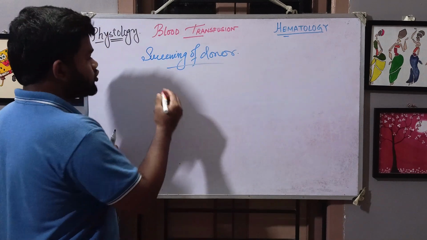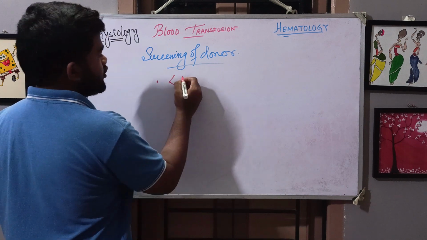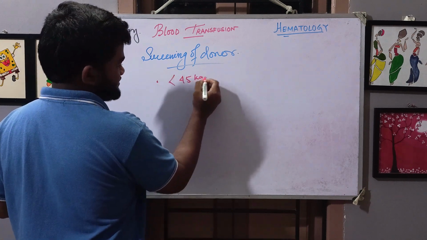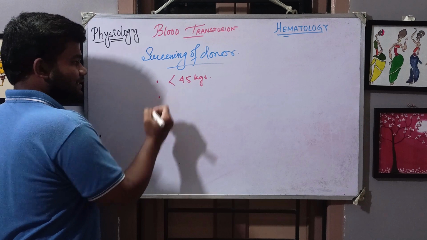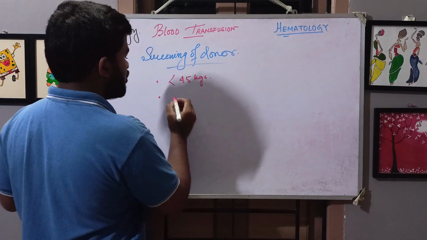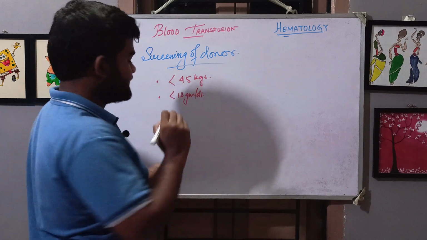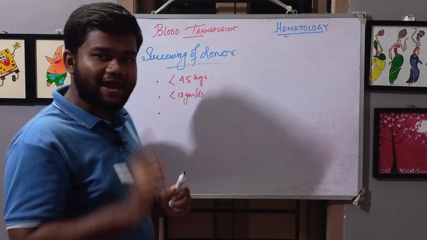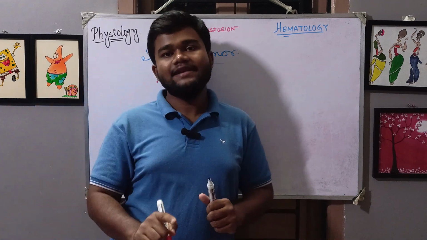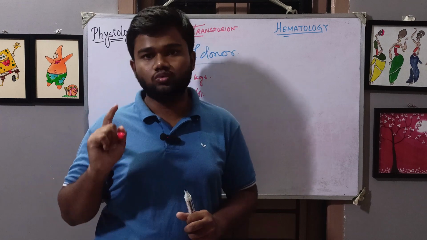A donor should not be underweight. That is, his or her weight should not be less than 45 kgs. Secondly, his or her hemoglobin content should be normal, or should not be less than 12 gram per dL. Third, he or she should not have had any infectious disease in the past 1 or 2 months.